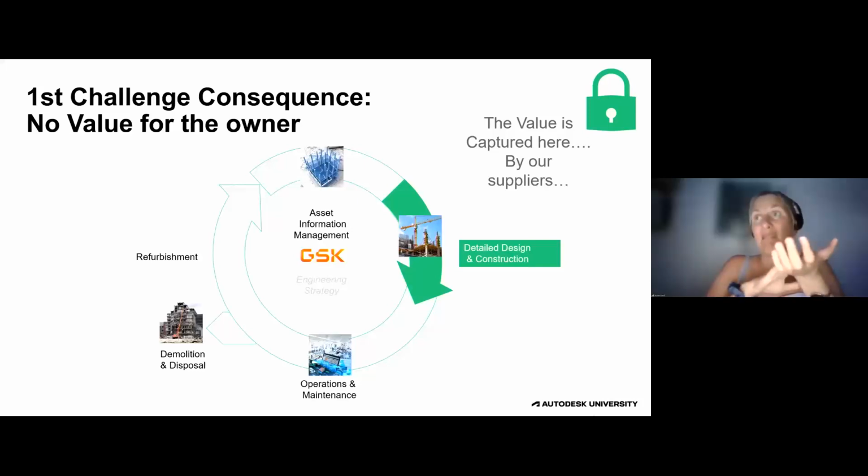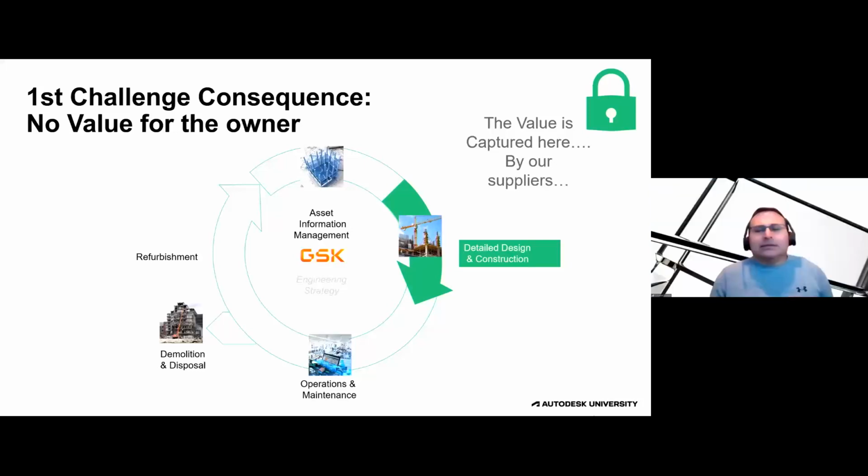And as a consequence, there is no incentive so far, or very little, for GSK or for the owner to change the status quo and to see a value in owning the asset data. Yeah, and this has been quite a limitation that we think is typical. Shakil, what was the learning for you when you started to collaborate with us 3 years ago?